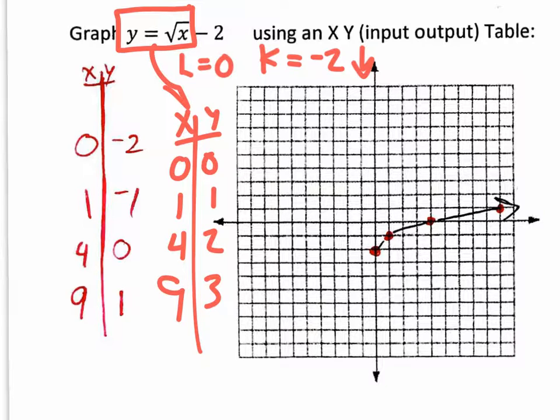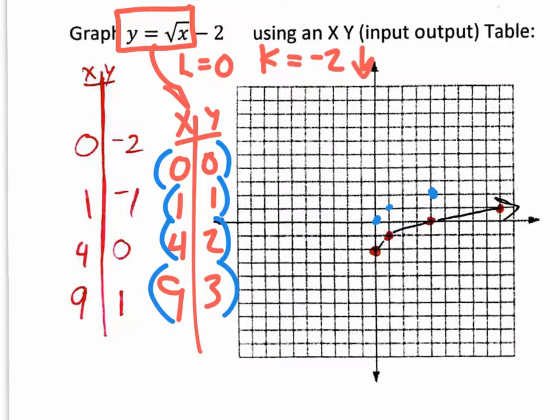Now if I were to graph these coordinates (0, 0), (1, 1), (4, 2), (9, 3), that would give me (0, 0), (1, 1), (4, 2). Where's that at? (4, 2) is right there.